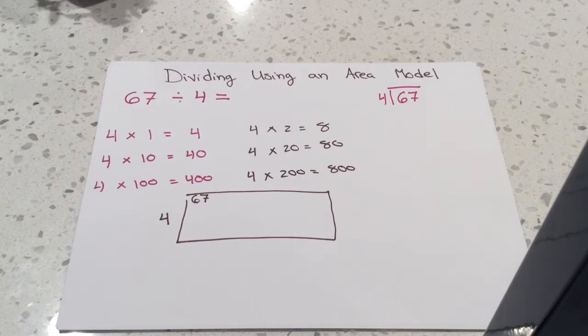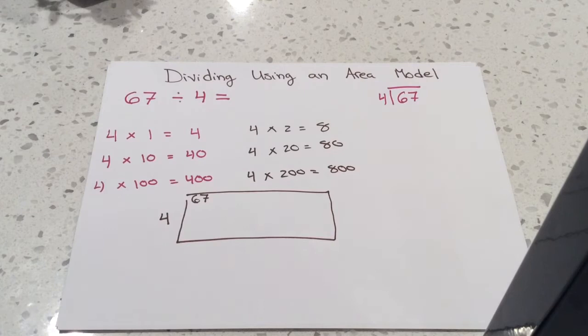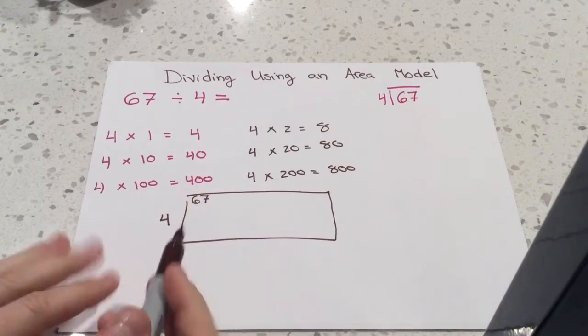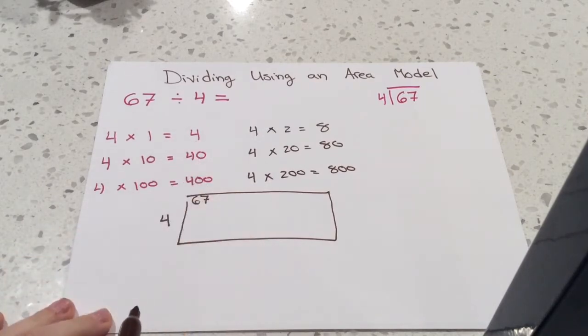We're going to be pulling out equal groups of 4 out of our total, or out of 67, and work our way down, thinking about this idea of taking out equal groups. Looking at my basic facts, I know that I can take out at least 10 groups of 4, because when I have 10 groups of 4, my total is 40.